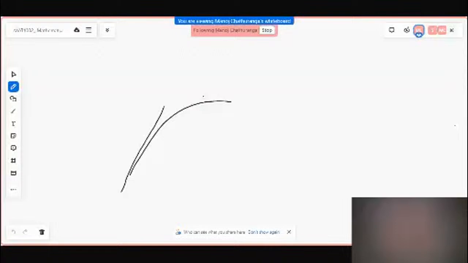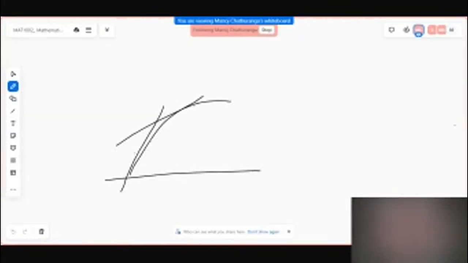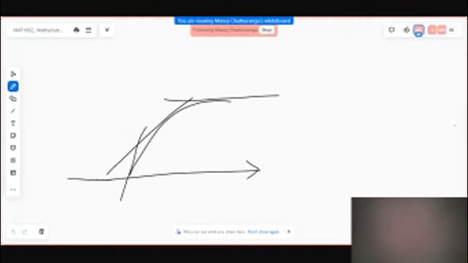Think about these tangent lines. Their slope is measured by the angle that they make with the positive x-axis. So as we move forward, this angle becomes smaller and smaller.